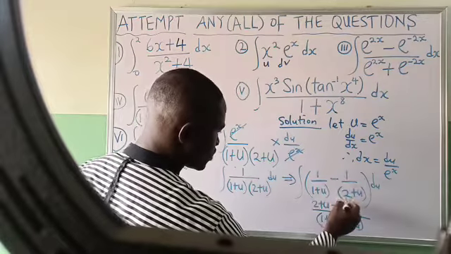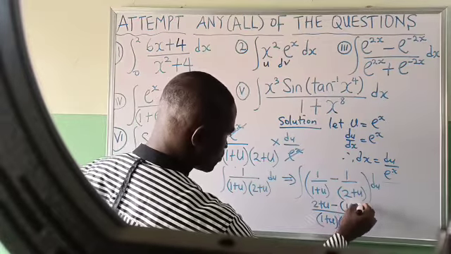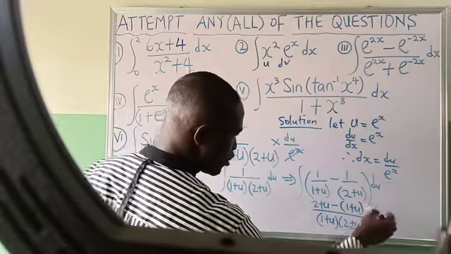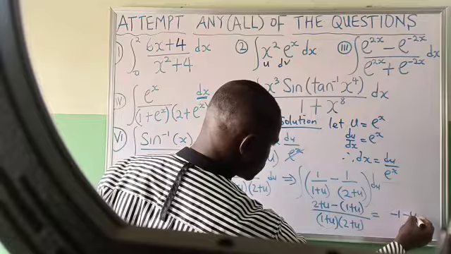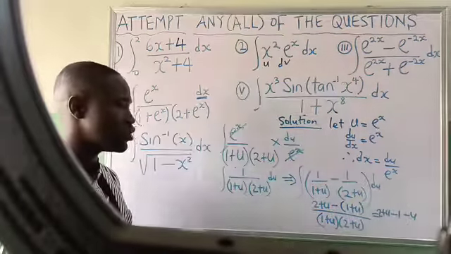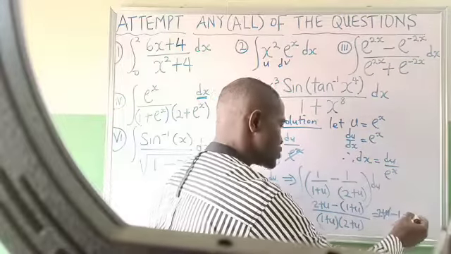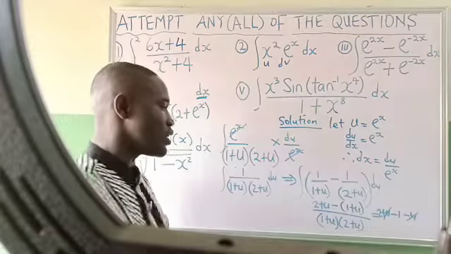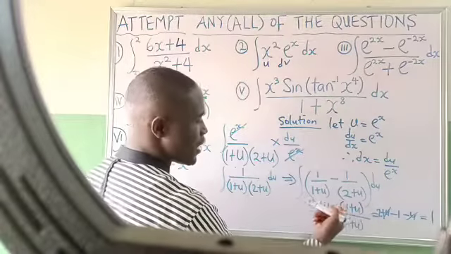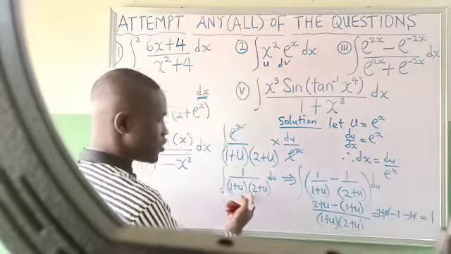You put your minus bracket 1 plus u. Opening bracket minus 1 minus u. So 2 plus u minus 1 minus u. Plus u will cancel minus u. 2 minus 1 will give you 1, making everything at the numerator to be 1 all over this. So going back to that.